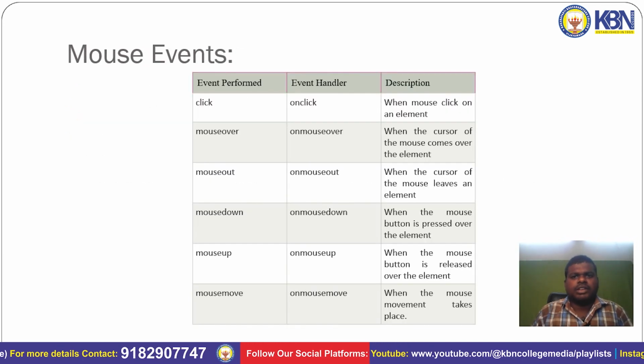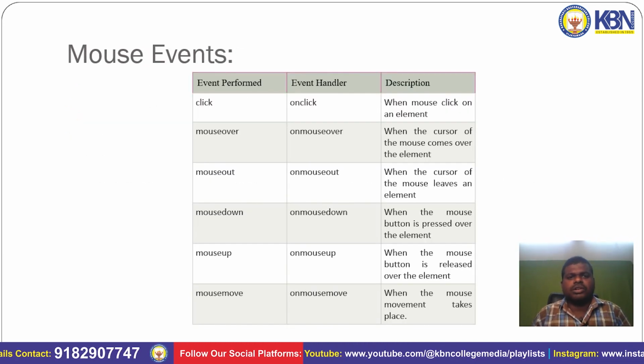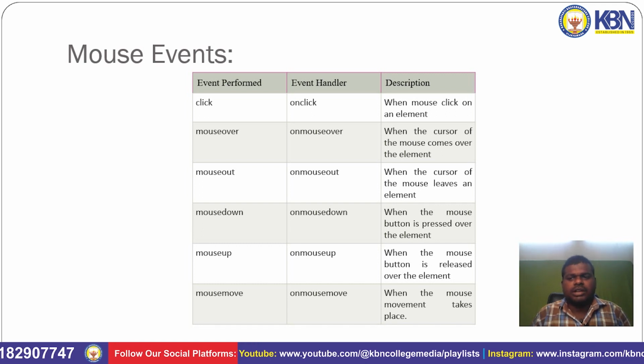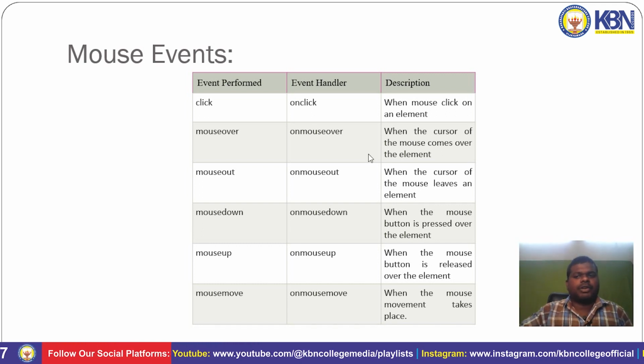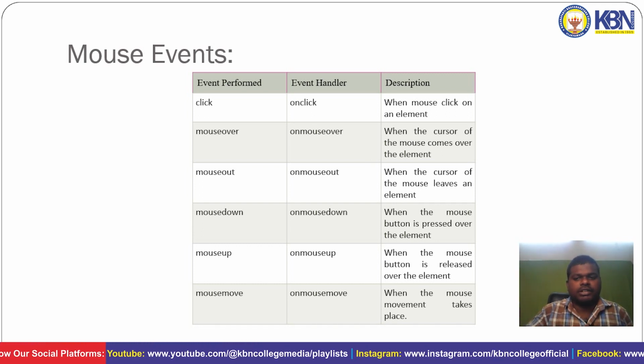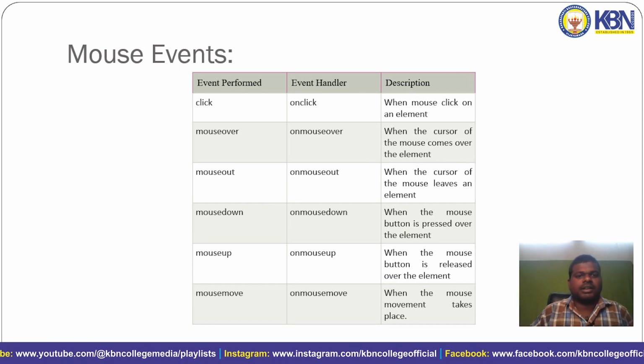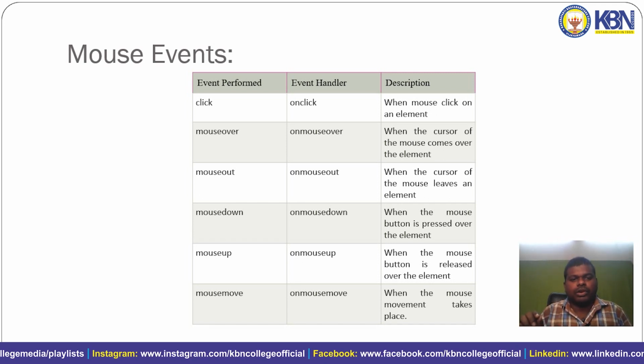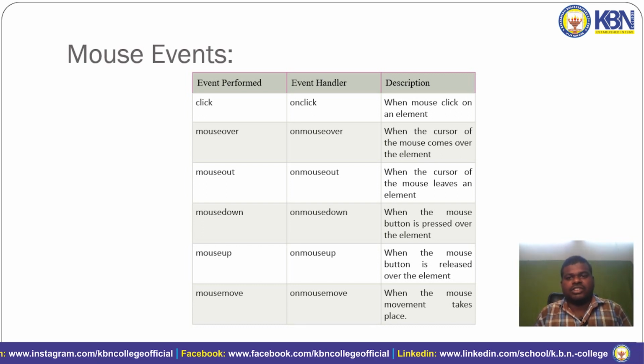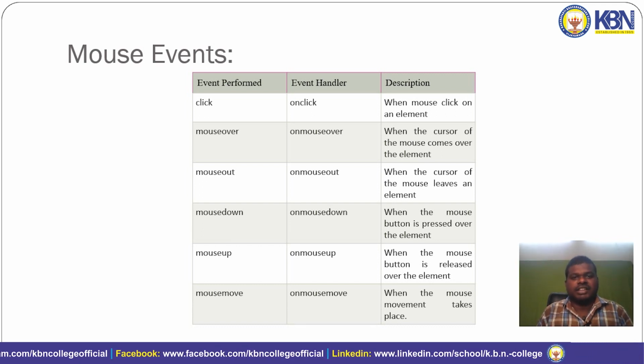See, we use the mouse, like click, mouse over. So these are the operations that are performed on this hardware. What is this? Mouse. So click, mouse over, mouse out, mouse down, mouse up, and mouse move. Go through the description and just try to understand what is the event that is going to happen with the mouse.